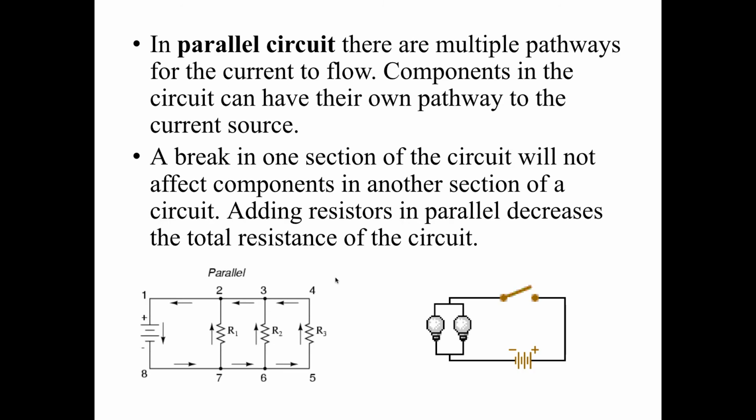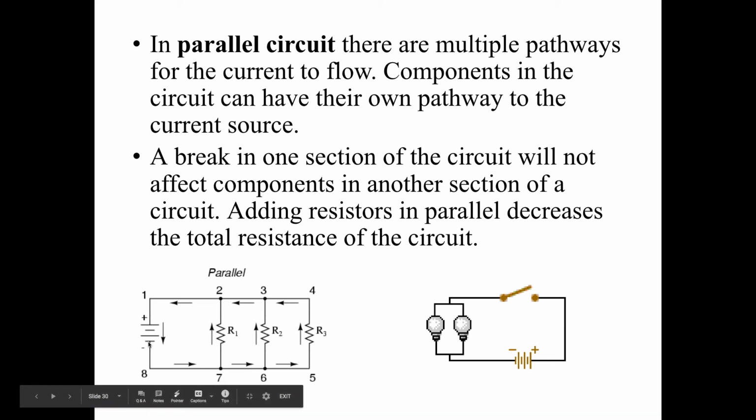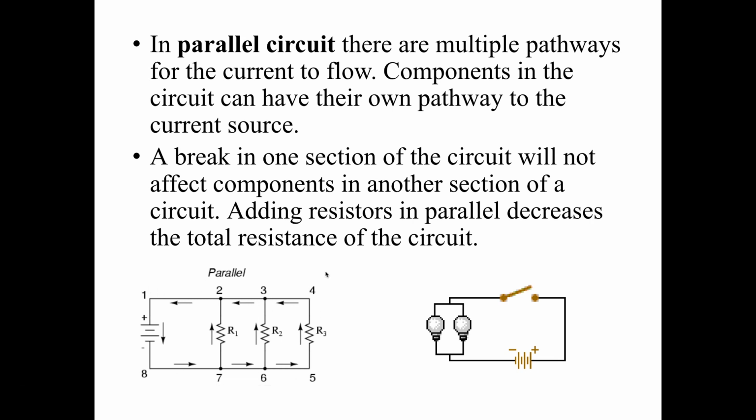So however, in a parallel circuit, we have multiple pathways for the current to flow. So components in these can have their own pathway to a current source, right? So this right here will be its own circuit. This right here would be its own circuit. This right here would be its own circuit as well.